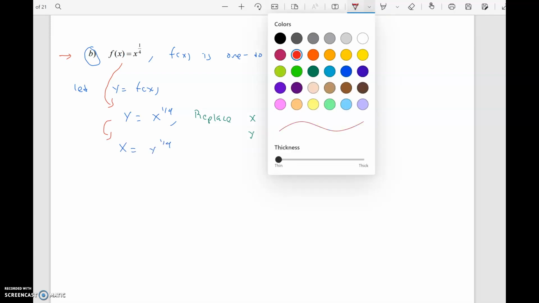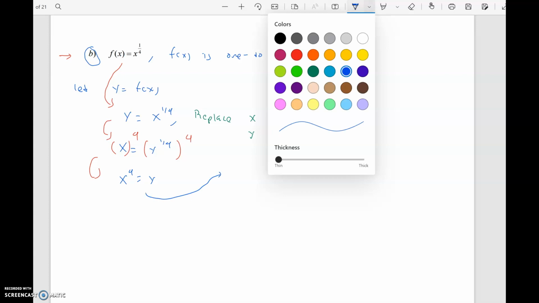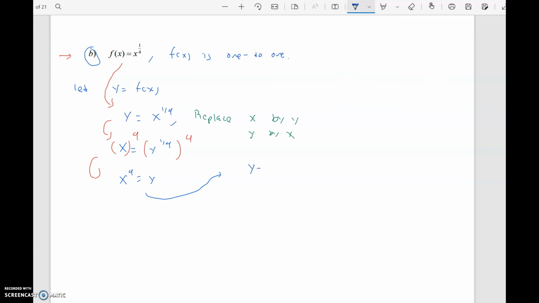Now, as we find the inverse, we're going to raise it to the 4th power. And then you're just going to end up with x to the 4th is equal to y. And we would say that in this case, y is equal to x to the 4th.